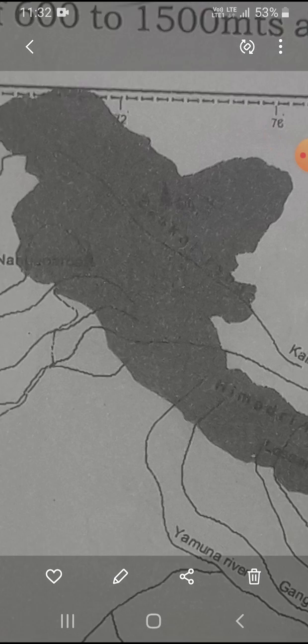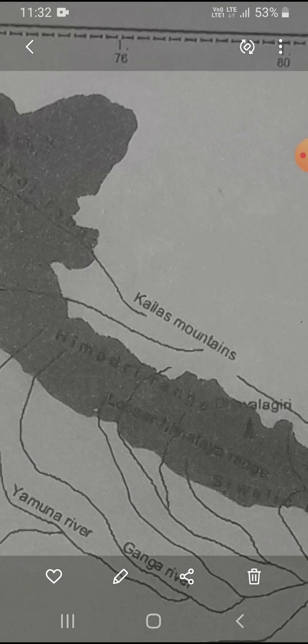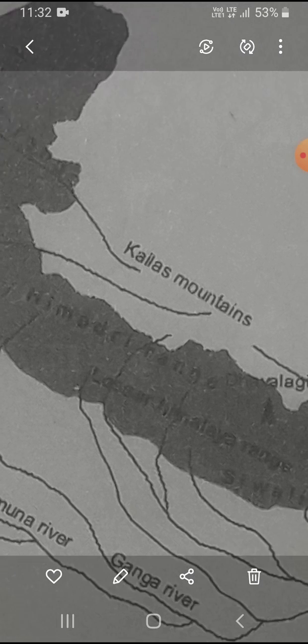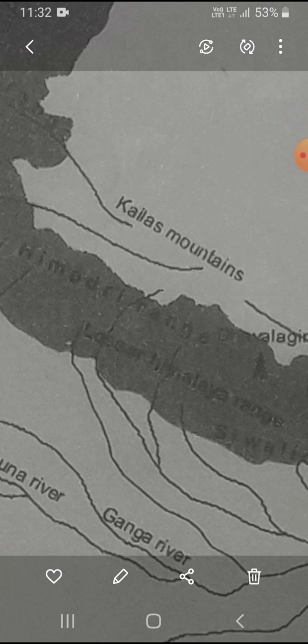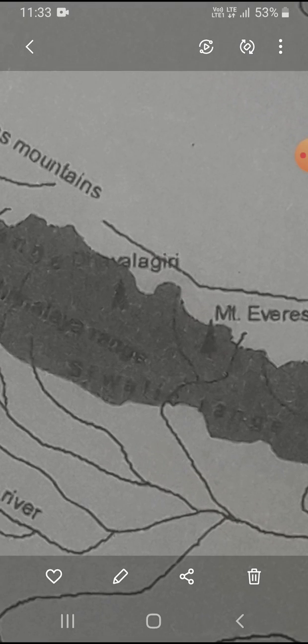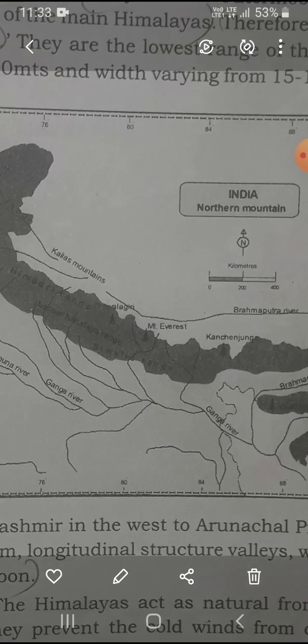Here you can see the backside of lesser Himalaya. There are the Himachal range, Himadri range, and the lesser Himalaya, and small Shivalik hills. From here to here, there are Himalayas and some rivers. You can see Mount Everest, Kanchanjunga mountain, and the Brahmaputra, Yamuna, Ganga rivers.